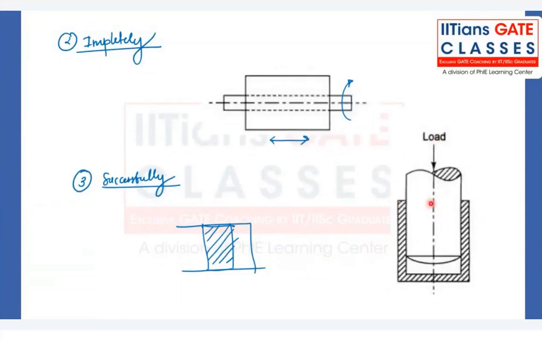But in the footstep bearing, we can say vertical motion is there only, not the rotatory motion. Hence, we can say that in this case also we are successfully constraining the motion because of some external constraints. So these are the different types of constrained motions.